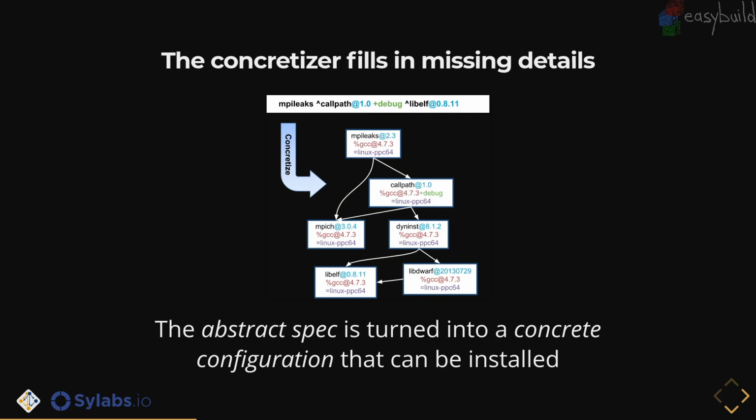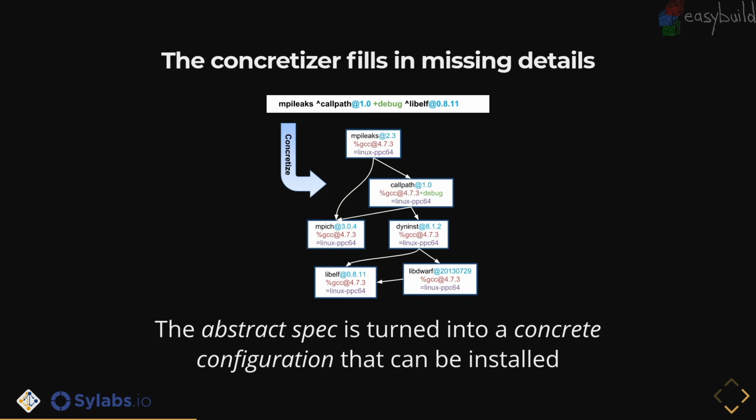Maybe you are just interested in the version of HDF5, but you need nonetheless to do a proper installation, with a lot of other details. All those details will be chosen by the concretizer based on what's in the packages. So in other contexts, what we call the concretizer would have been called a constraint resolution algorithm. You basically read your constraints from the packages and you enforce them with some logic if the user didn't specify otherwise.